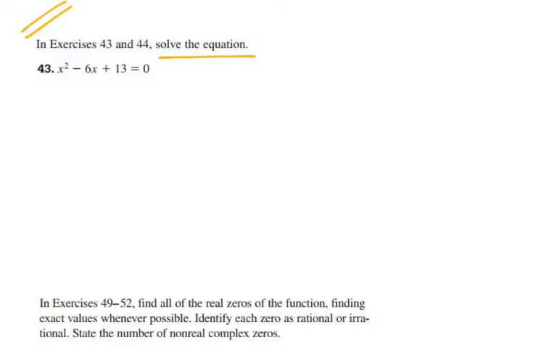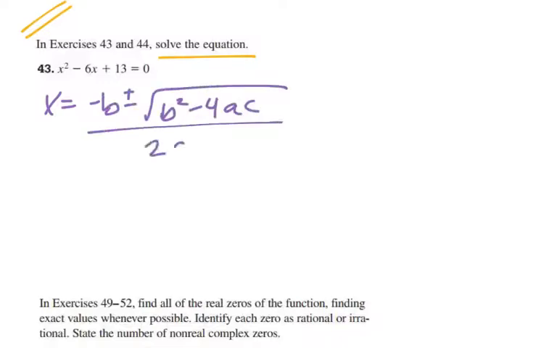In your quadratic equation, you've got x equals negative b plus or minus the square root of b squared minus 4ac, all over 2a. In this equation, a is going to be 1, b is negative 6, and c is 13. So we're going to plug those pieces in. I'm going to rewrite it.